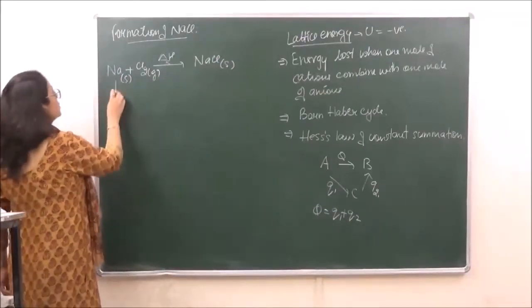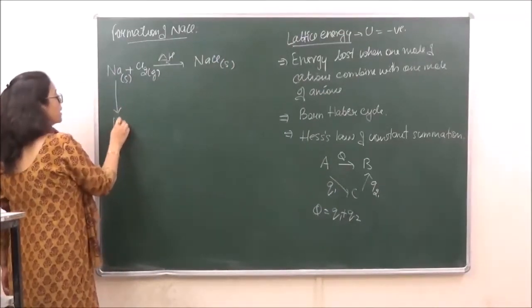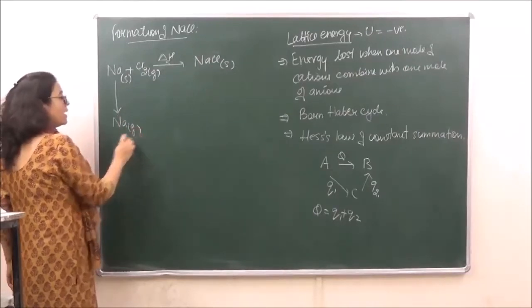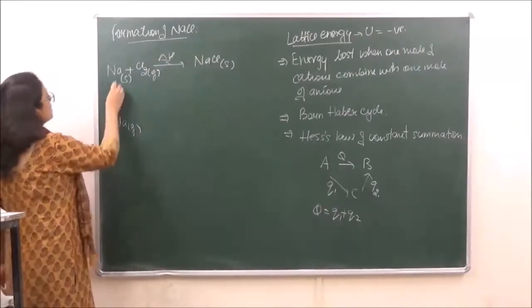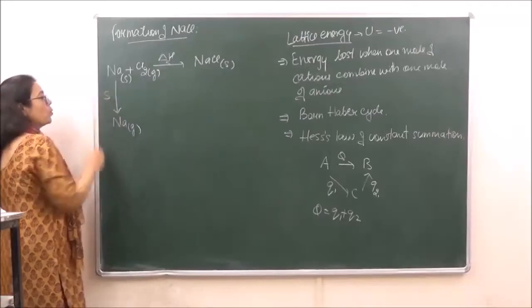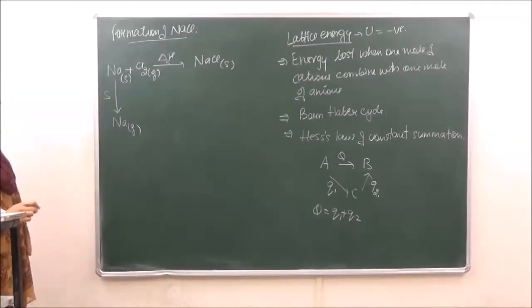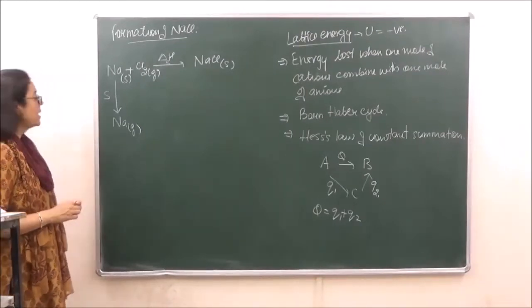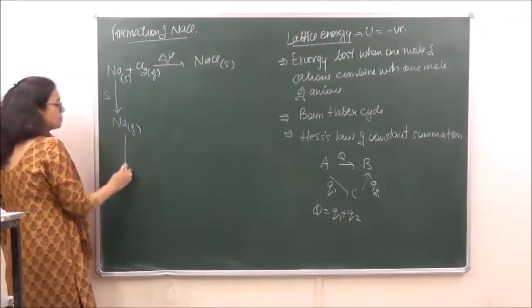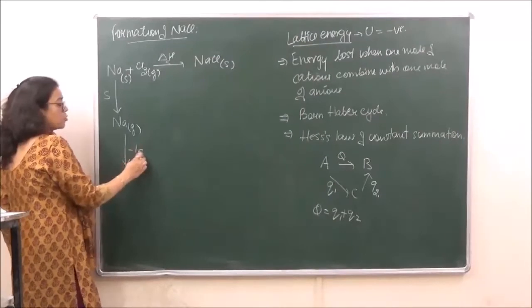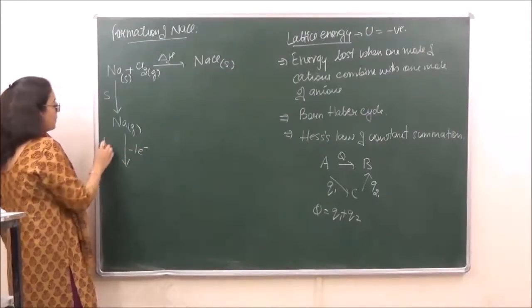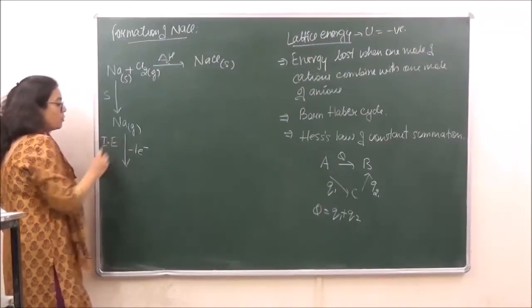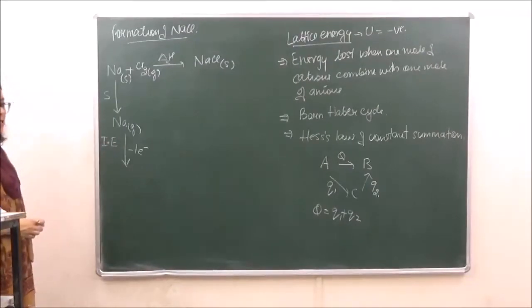Na solid will first be converted into Na gaseous. The energy required when solid directly converts to the gaseous state is known as sublimation energy. Then this gaseous Na is going to lose one electron, and the energy required to remove this electron is the ionization energy.